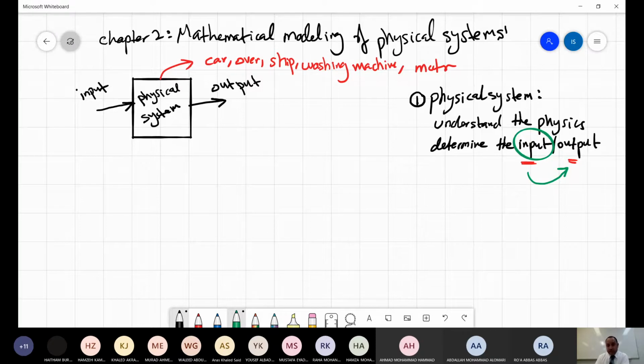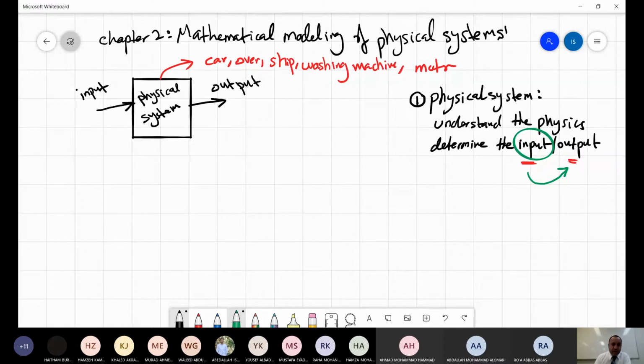The first thing you must understand is what the output is and what the input is. Because simply, if you have a system and you cannot adjust the output, this will be an uncontrollable system, a system you cannot control. So the first thing, we must understand the physics, how the system is working, what quantity, if I change it, then what quantity will change according to that, and this is actually the input and the output.